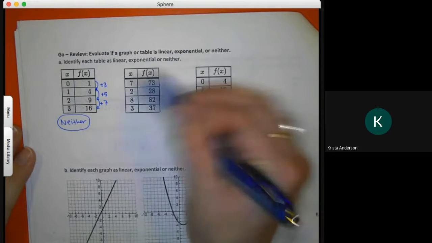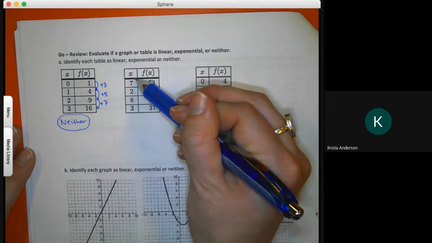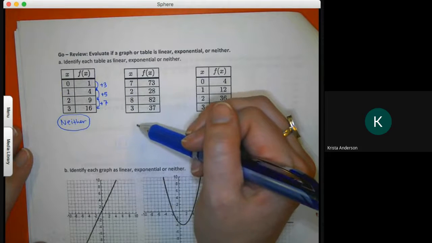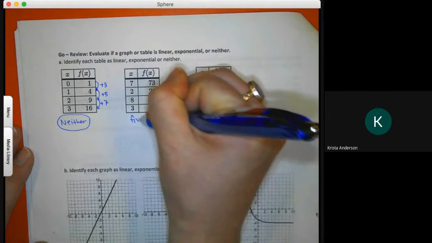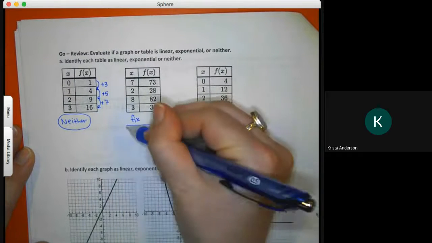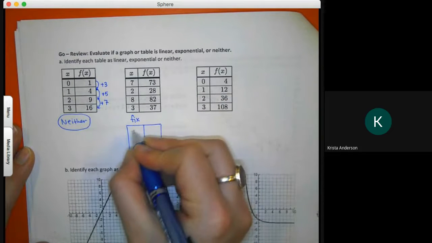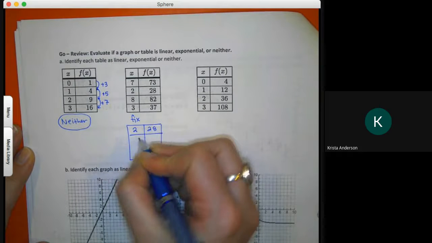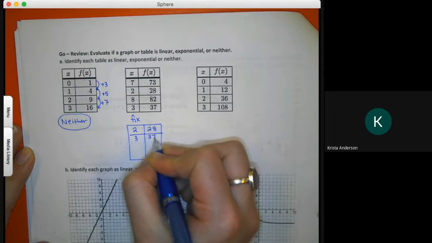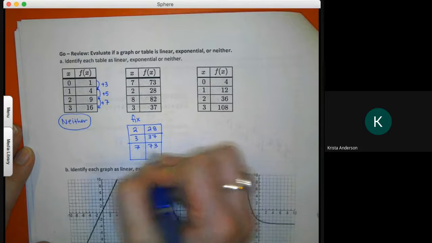This table on the notes, these are mean because they are not in the correct order. 7, 2, 8, 3. I'm going to fix this. Two is at 28. 3 is at 37. 7 is at 73. 8 is at 82.